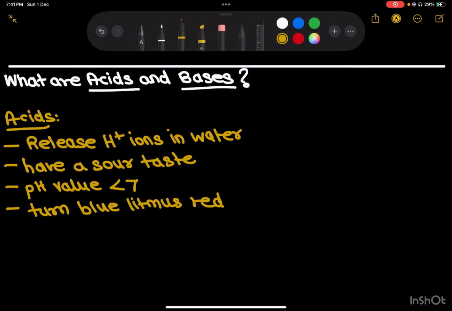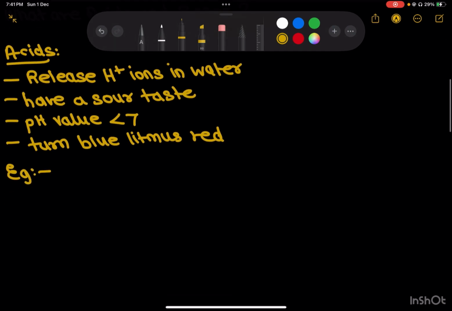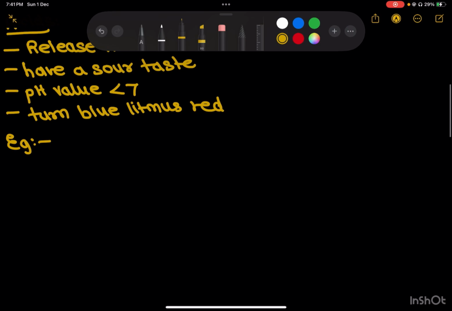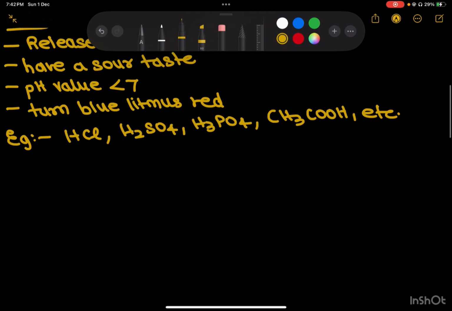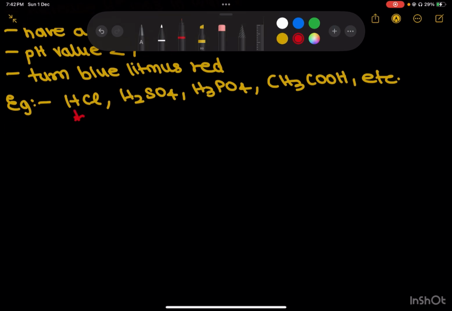Okay, so some examples of acids. We'll see the chemical formulas here. For example, we have HCl, H2SO4, H3PO4, CH3COOH, etc. Correct? So let me write down the names of all of these acids. HCl is hydrochloric acid.